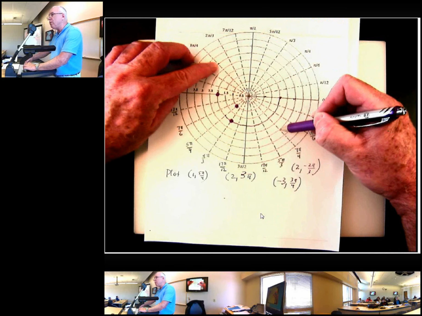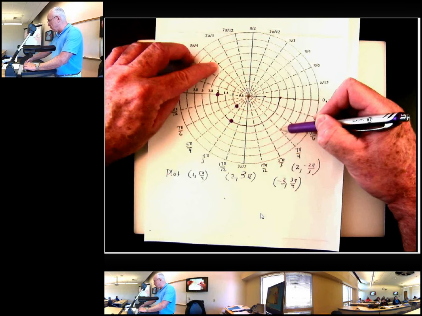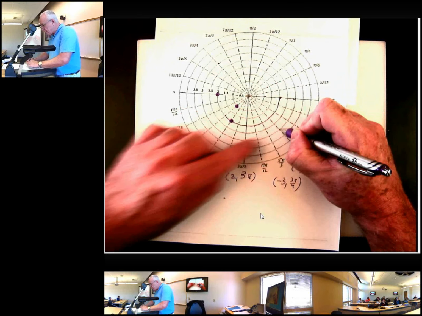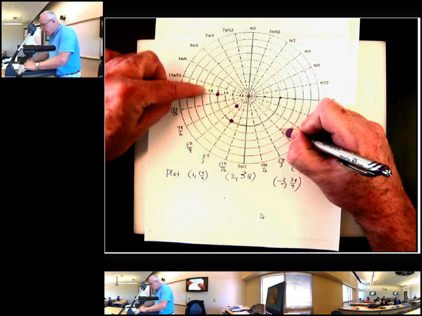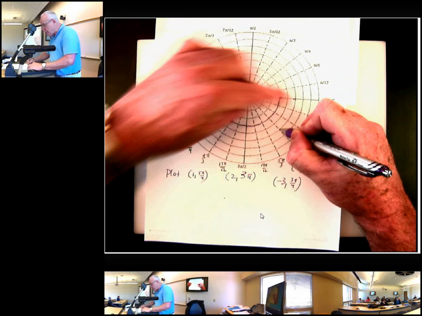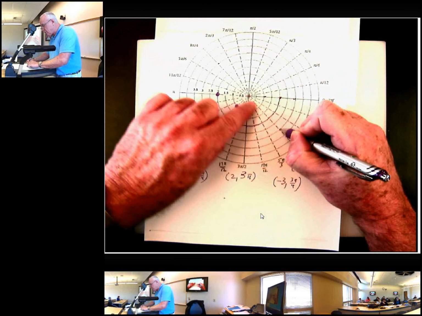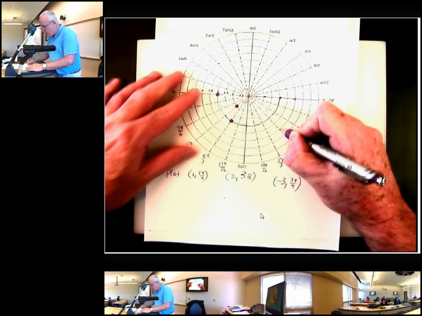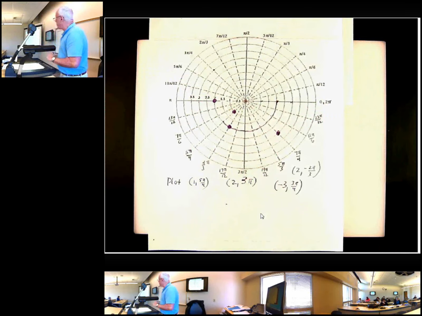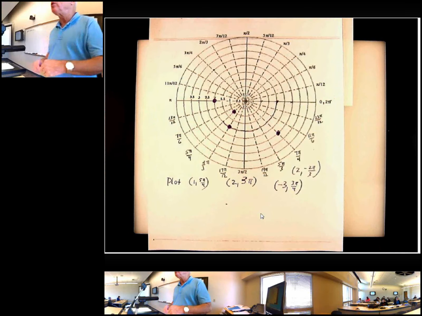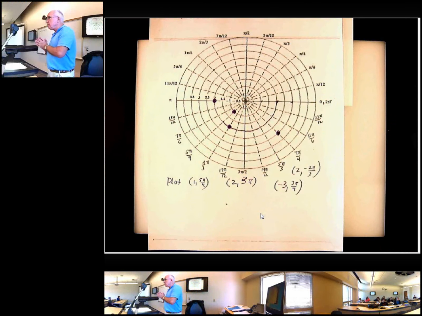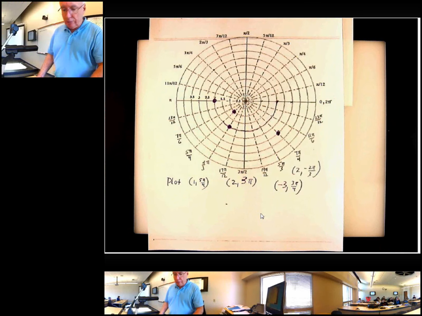My angle 3/4 pi is in the second quadrant, but since r is negative 3, I have to trace it across. Right there. So you have to go to the opposite quadrant if r is negative. Hopefully this is ringing a bell for you from trigonometry.